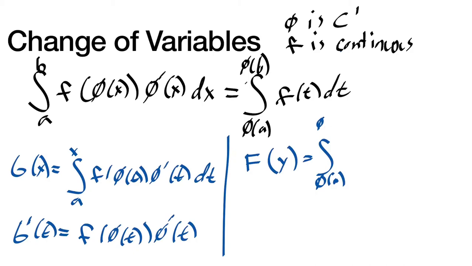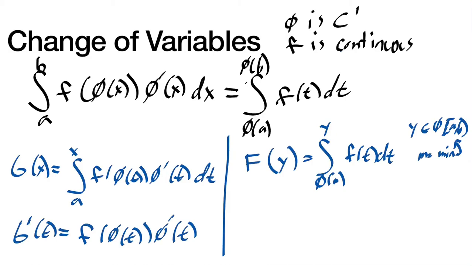Capital F of y is the integral from phi of a to y of f of t dt, where y is some element in that set phi of [a, b]. So whatever numbers come out from phi of a and phi of b, y is in there.